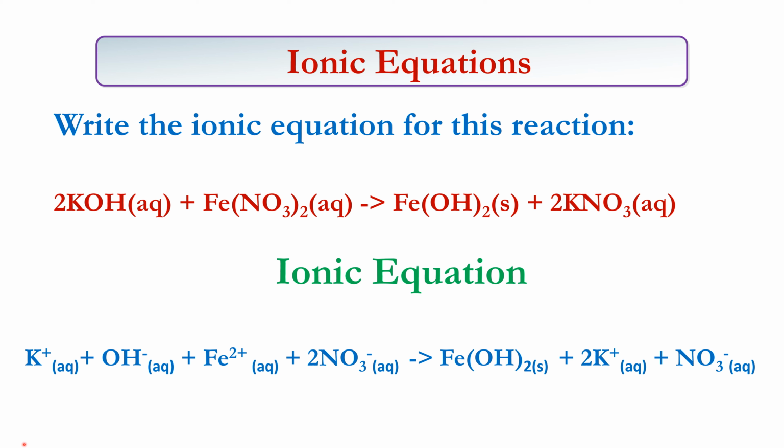So this is how to write ionic equation from formula equation. Any compound that is aqueous will separate, but any compound that is solid will not separate into its positive and negative ions.